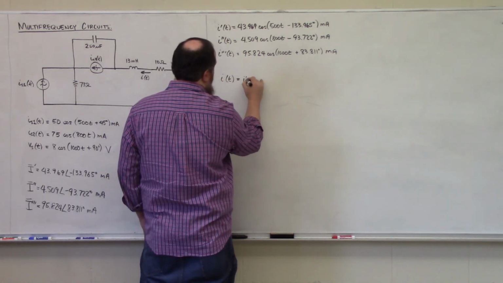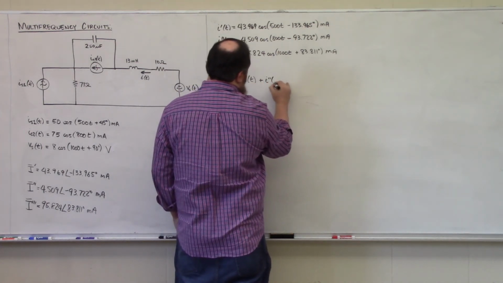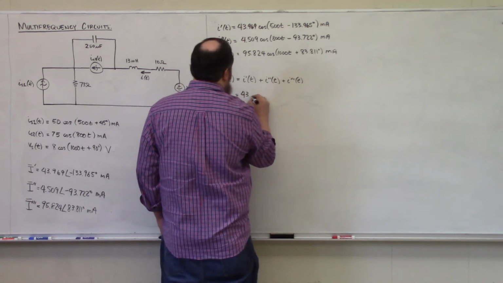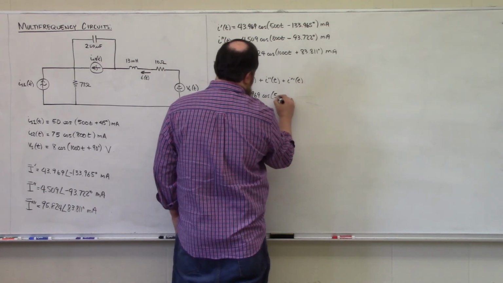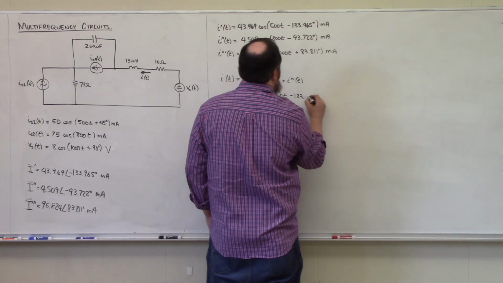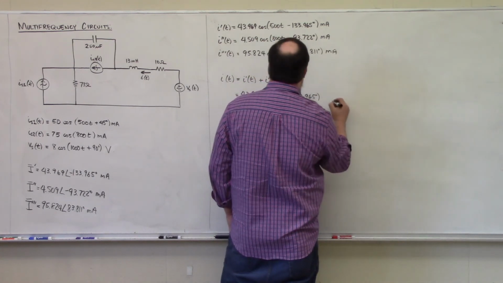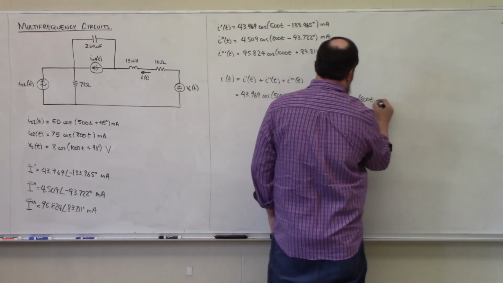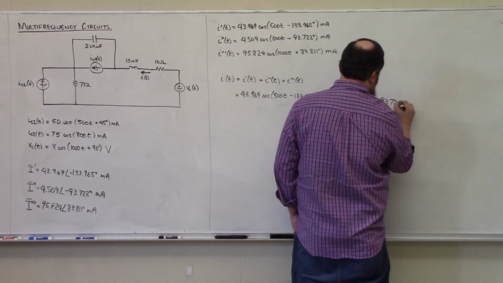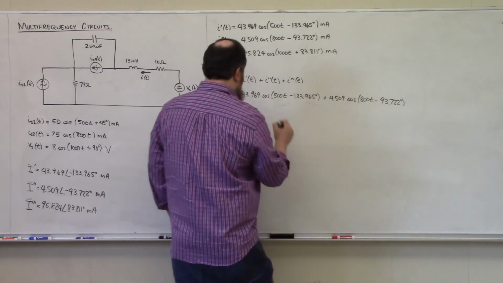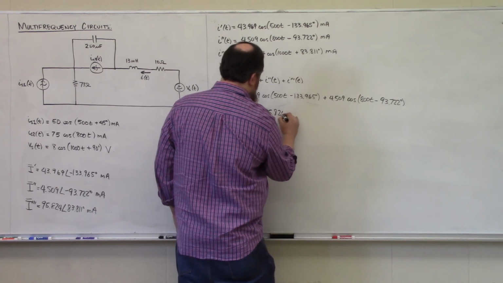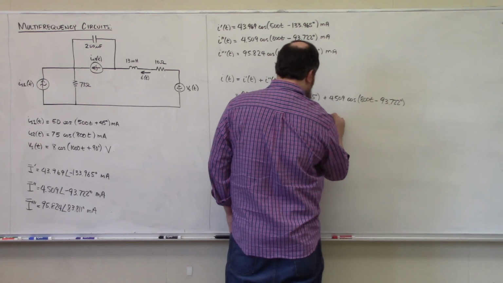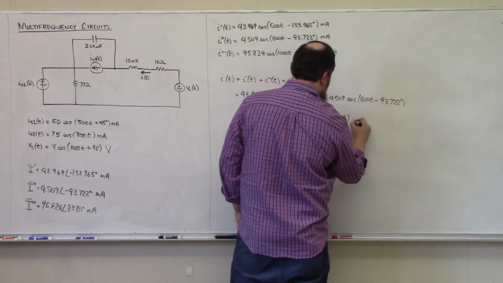I of t can be expressed as the sum of I prime of t plus I double prime of t plus I triple prime of t, which would give us 43.969 cosine 500t minus 133.965 degrees plus 4.509 cosine 800t minus 93.722 degrees plus 95.824 cosine 1000t plus 83.811 degrees milliamps.